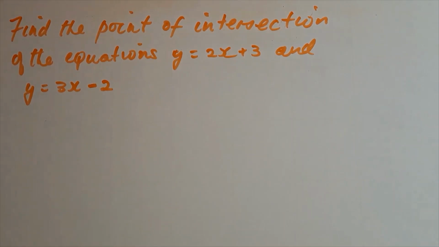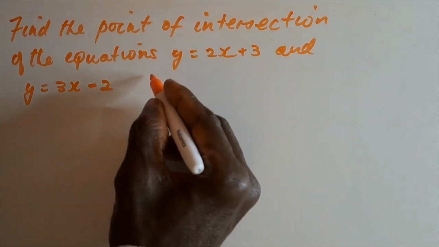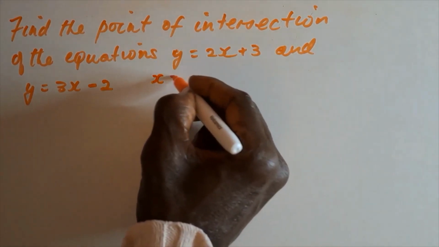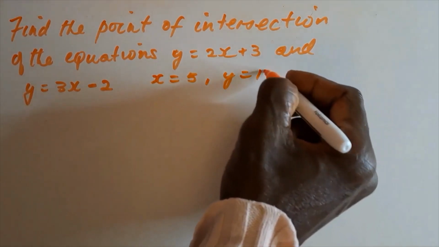Find the point of intersection of the equations. Y is equal to x add 3 and y equals 3x minus 2. Well, these are the two equations we just found the simultaneous solution for, which is x equal to 5 and y equal to 13.